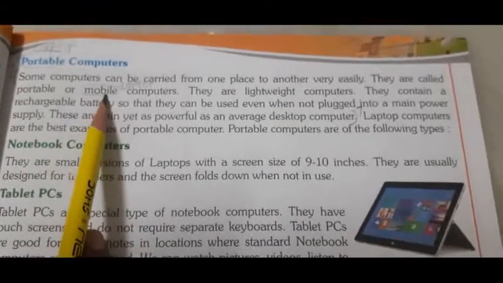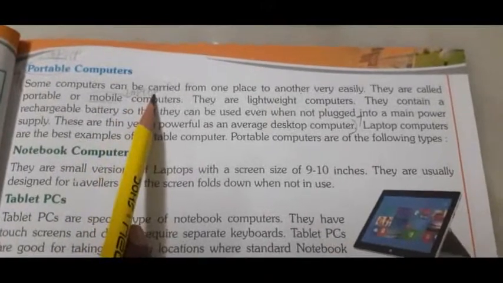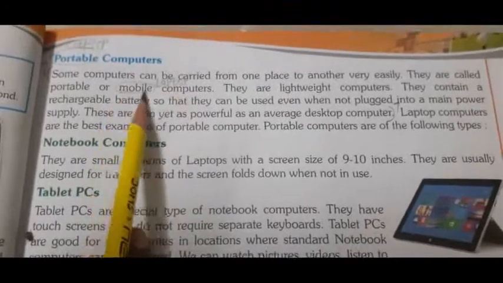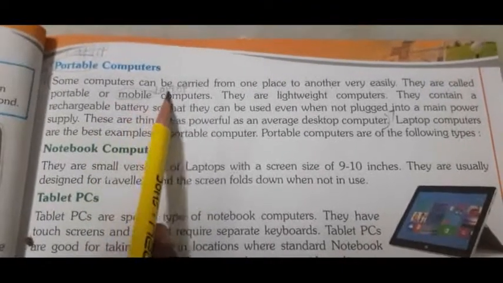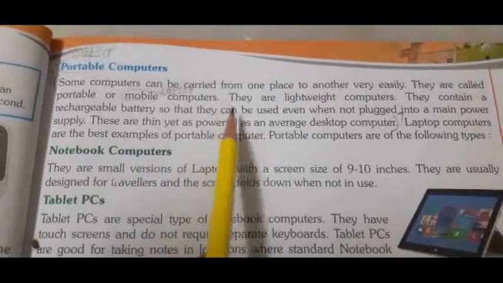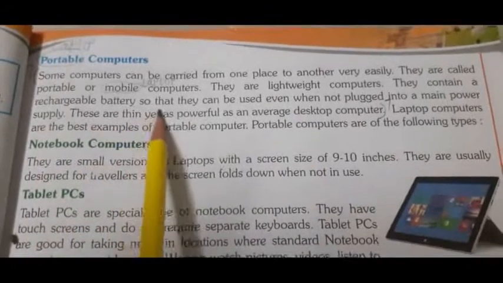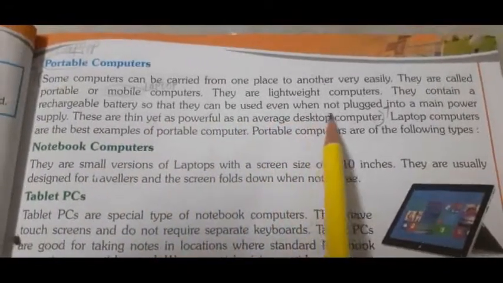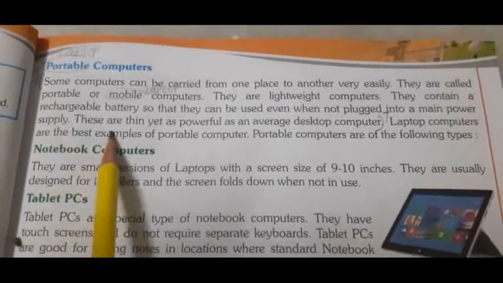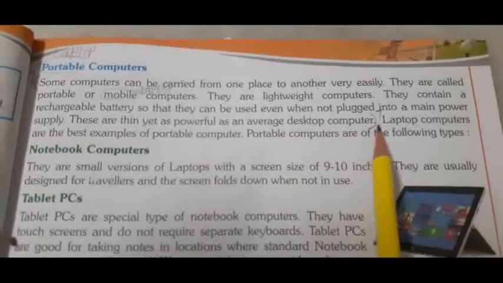In the place of mobile you write laptop computers. Children, are you understanding? That's the only change. After that, they are lightweight computers. They contain a rechargeable battery so that they can be used even when not plugged into the main power supply. These are thin yet as powerful as an average desktop computer.